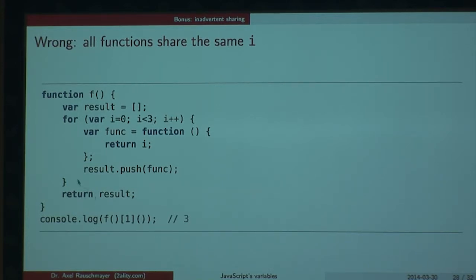So once the loop is over, the value of i is 3, and each function returns the current value, not the value that i had when the function was created. So each of the functions in the array returns 3, and not their index.